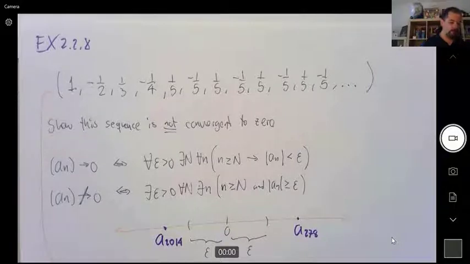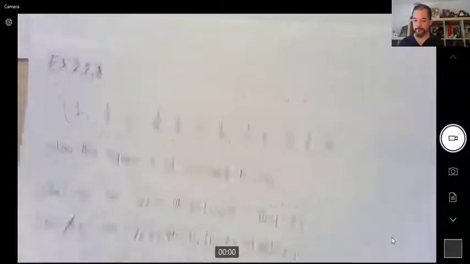All right, so instead, let's move along to the next section, which is where we're going to get properties about convergence of sequences that we can use. So let's start with the first one, and it will be a very useful one.